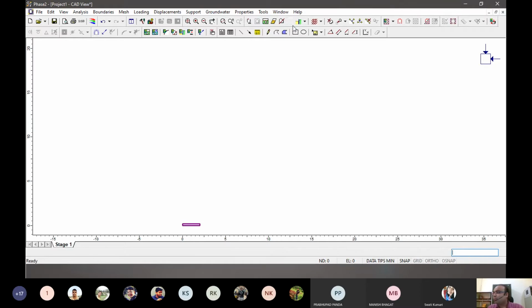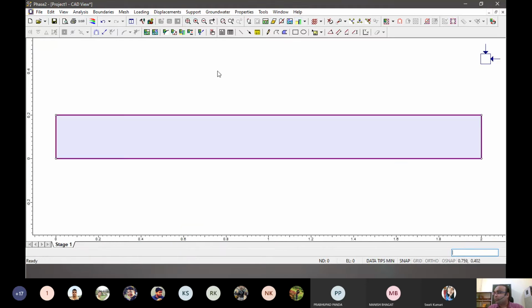Right, this is the simple geometry. So this is our beam. Very simple, there is not much in this.